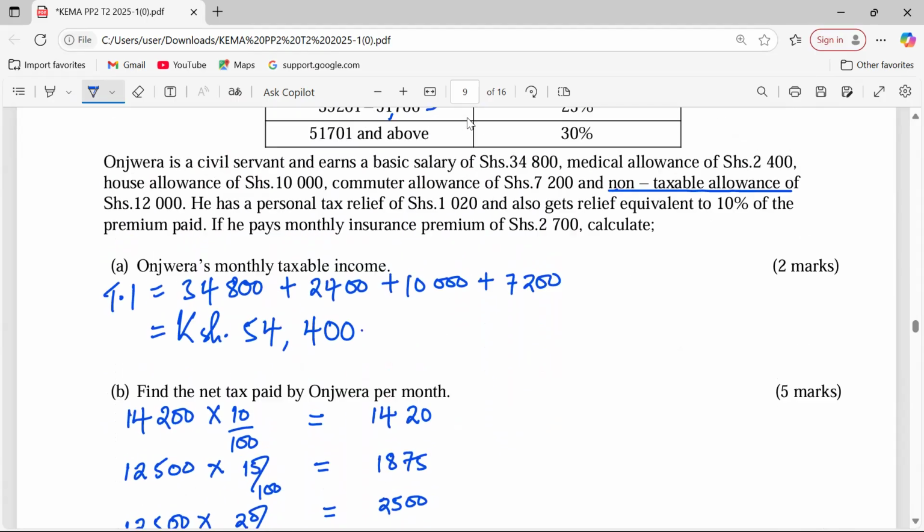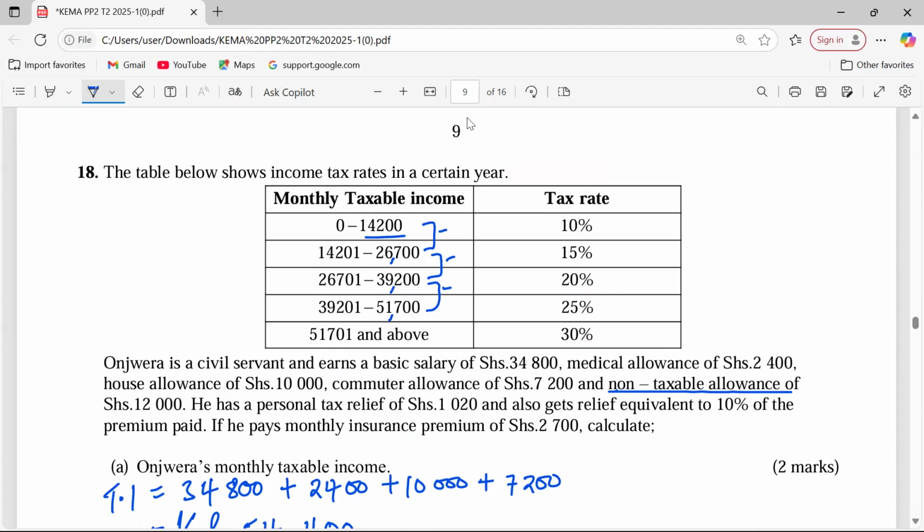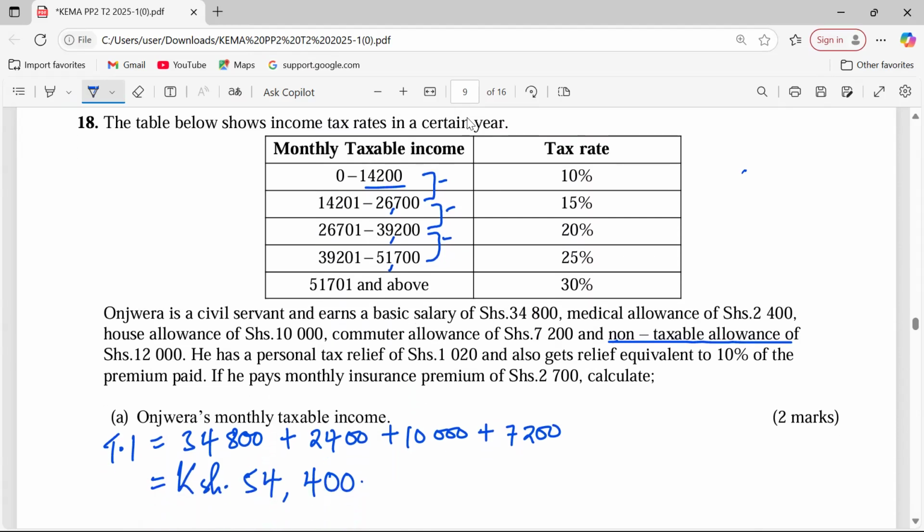Then after that, anything which has not been taxed should lie in the last bracket. So we take the total, 54,400, and we subtract the limit here, which is 51,700. So that we know in the last bracket, we shall tax 2,700.